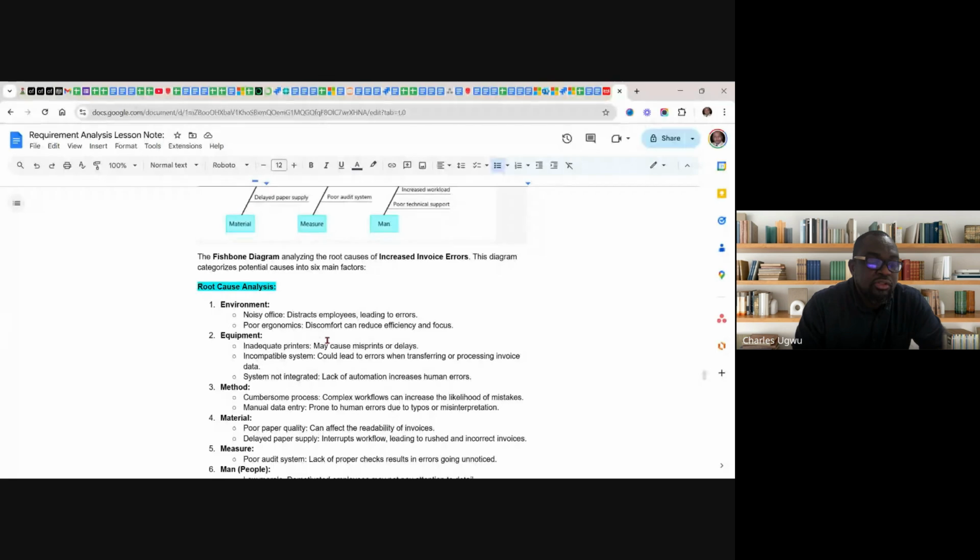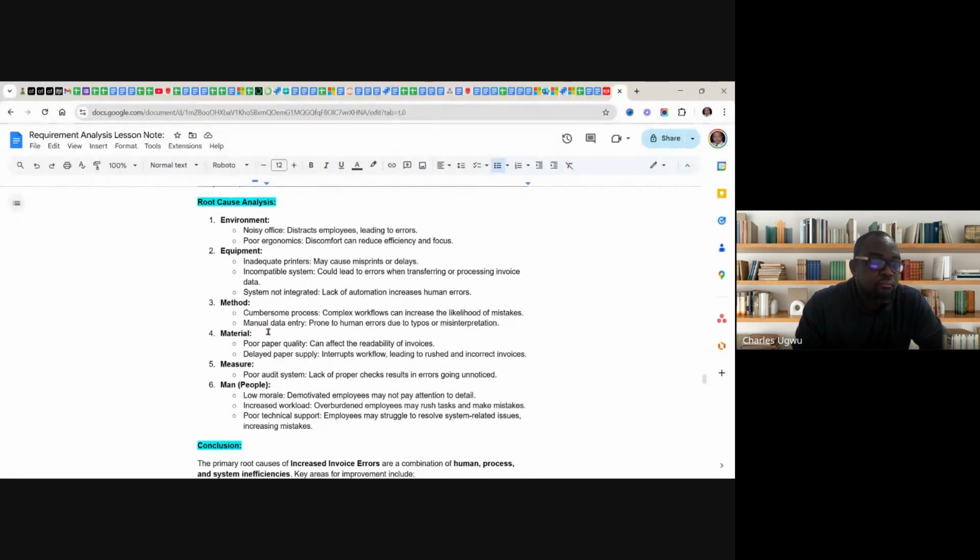Poor ergonomics, discomfort can reduce efficiency and focus. Equipment: inadequate printers may cause misprint or delay. Incompatible systems could lead to errors when transferring or processing invoice data. Systems not integrated and lack of automation increase human errors.